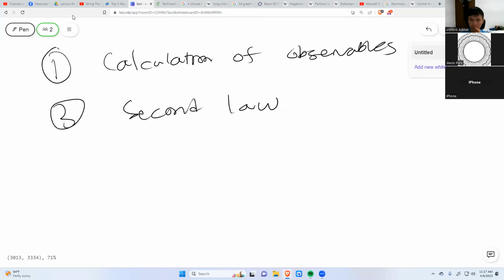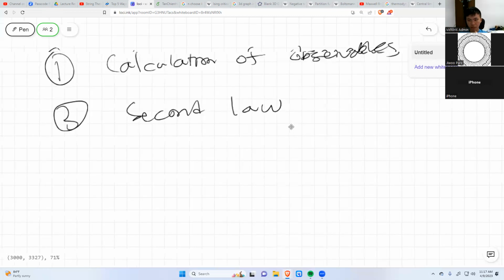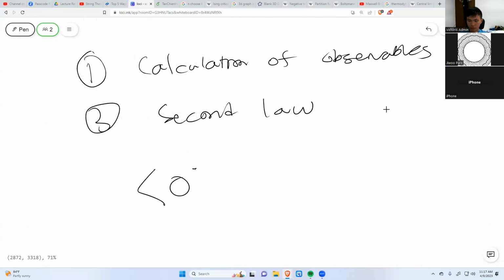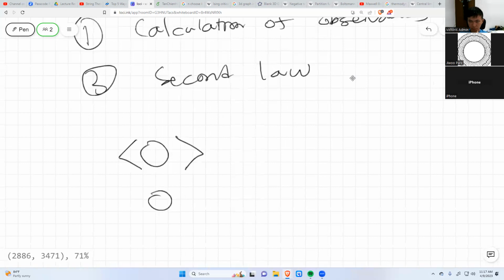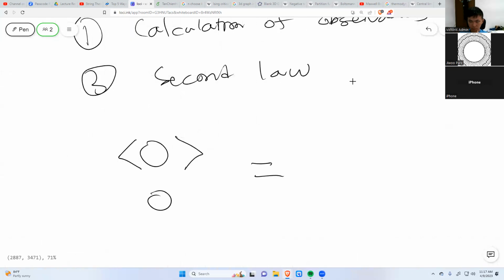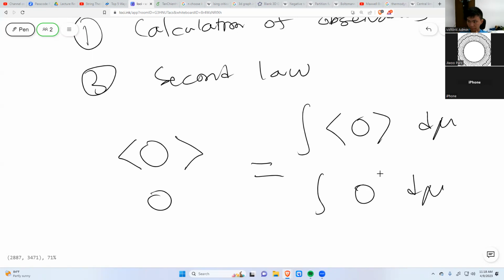What we learned is that for a specific set of observables, if it's a quantum system, we can calculate its expectation value. For a classical value, it would just be the value, and this is equal to the average of something over a probability distribution.